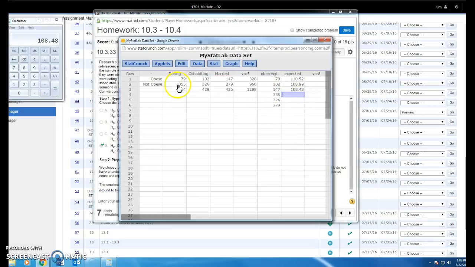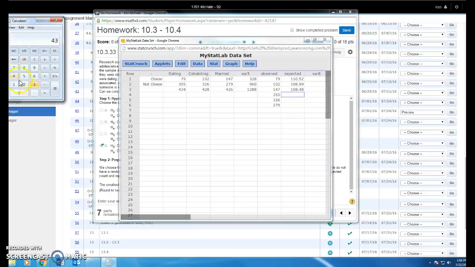To find this one, I'm now in not obese. I'm going to take 434 times 960 divided by 1288. That gives me 323.48.